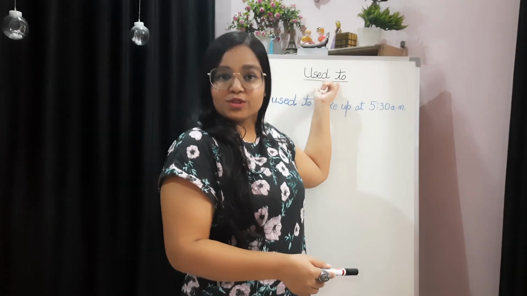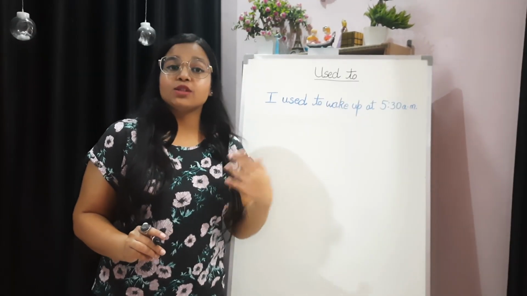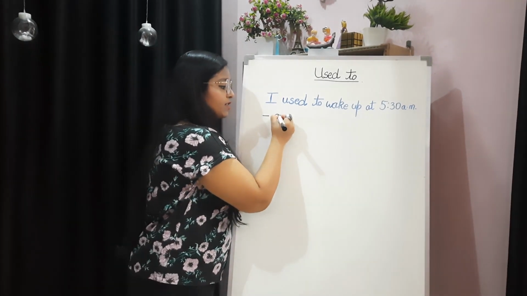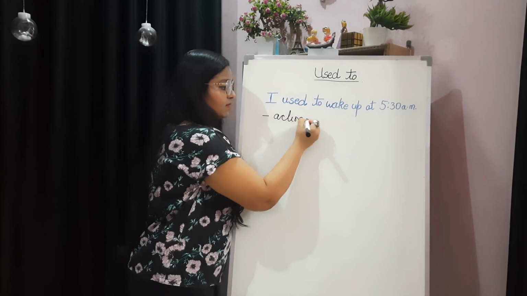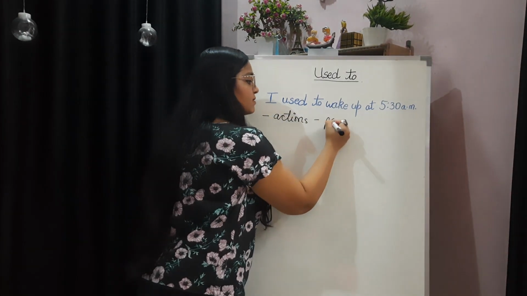Were these things a routine which regularly happened? Yes, they were a routine. So habits or routine that has happened in the past, to describe those things, we use this phrase used to. So let's summarize that used to is used to describe the actions that have happened in the past.